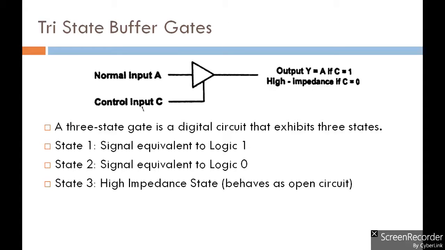Now the tri-state buffer gate is used to implement a common bus system in the situation when the digital modules available to transfer data between each other are not of the same kind. For example, in the previous topic we discussed transferring data between the registers, and all the registers are from the same category.